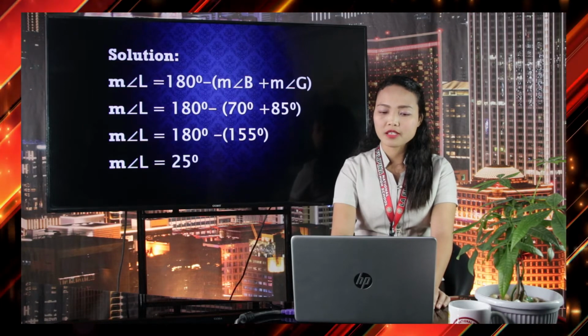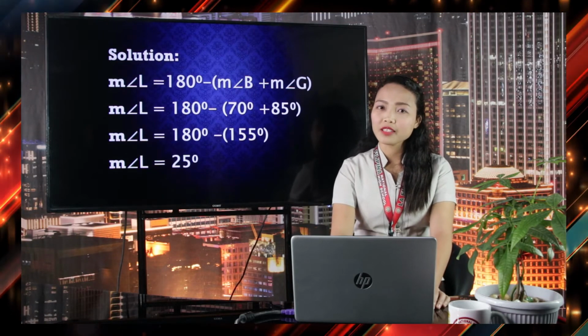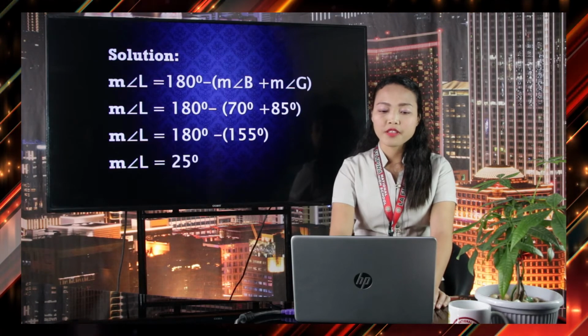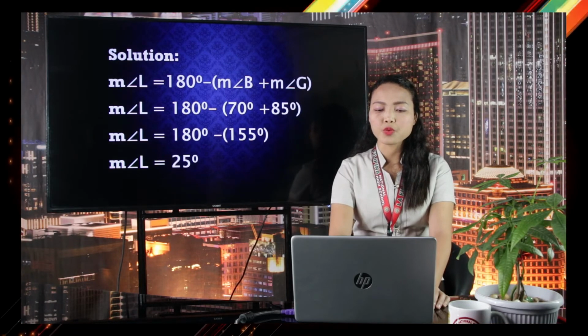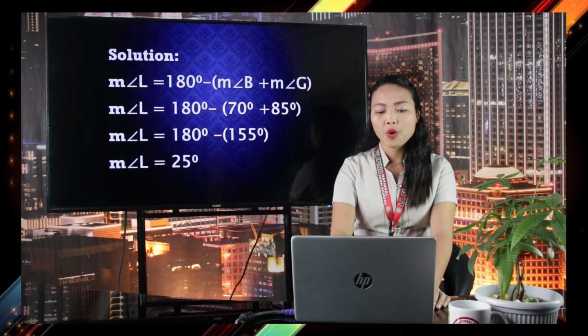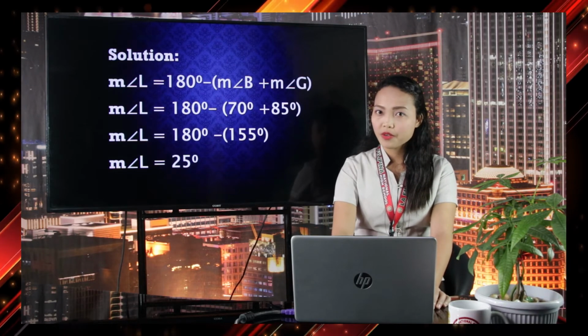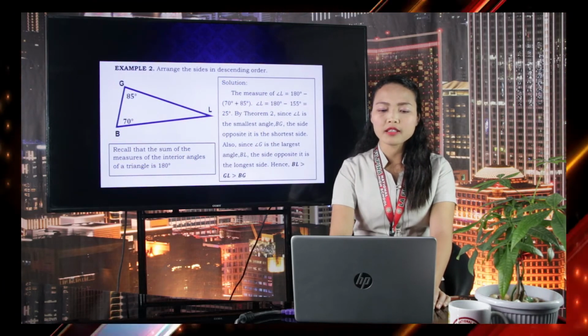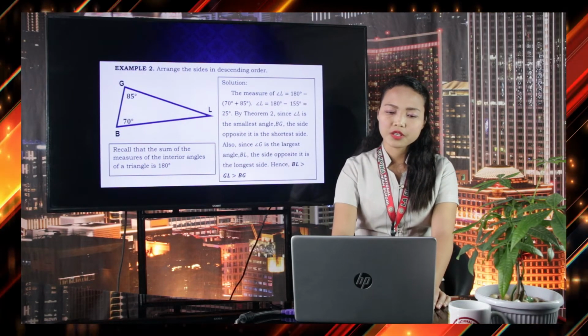Adding 70 and 85, we get 155 degrees. Therefore, 180 minus 155 equals 25 degrees. So the value of angle L is 25 degrees.